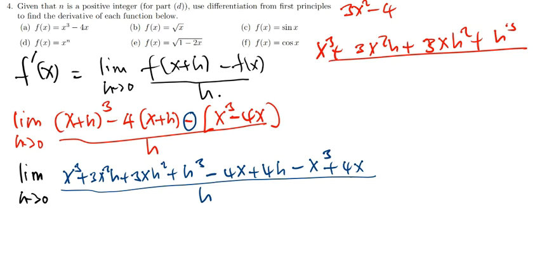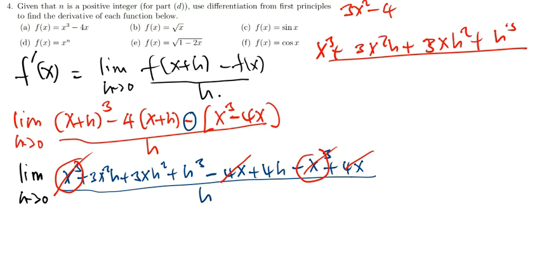Let's see, I have x to the power 3 minus x to the power 3. Those two can cancel out. It's going to be 0. What else do we have? I have 4x here, and this 4x can go.